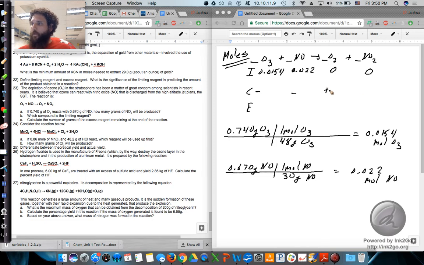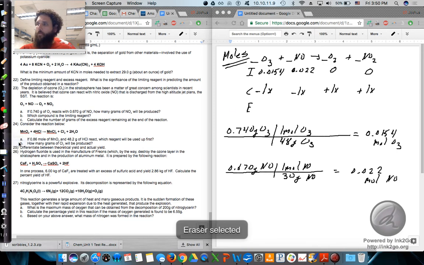On the product side, we're going to add, because over time the reactants are going to decrease and the products are going to increase, and we do so by the coefficient amount. This is by 1 and then a variable, x. 1, x, also there, and then also there. Now, when it's a coefficient of 1 in front of the balanced chemical reactions, we assume it to be there so we don't show it. Same thing here. So I'm going to go back and erase those ones.